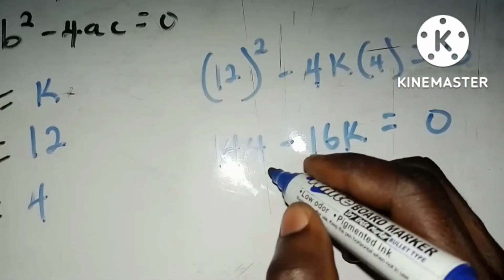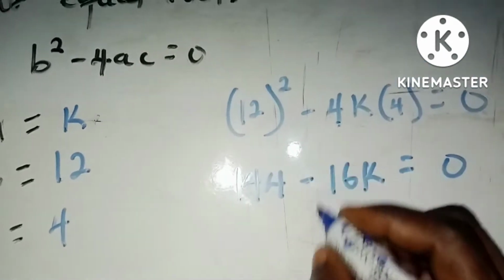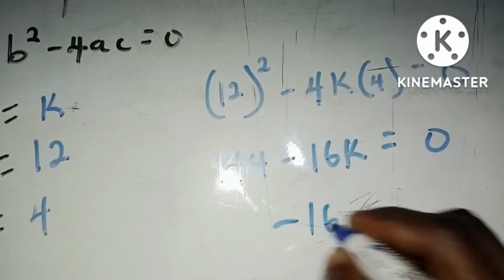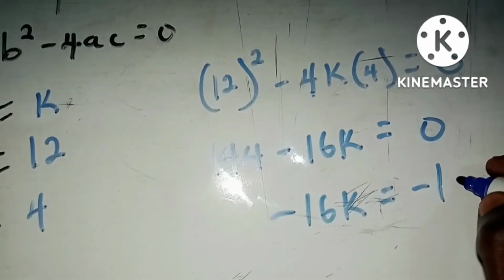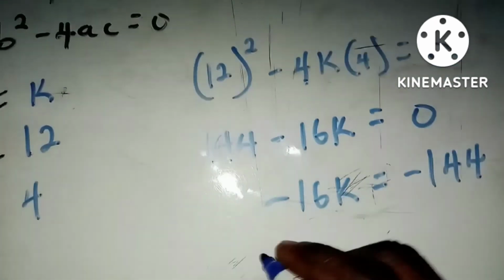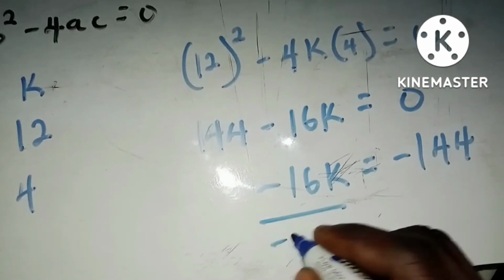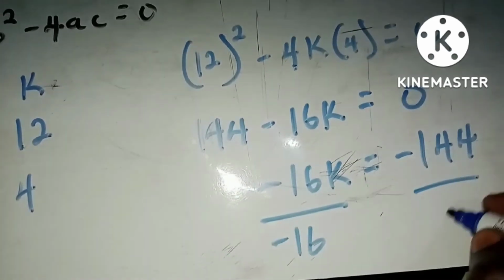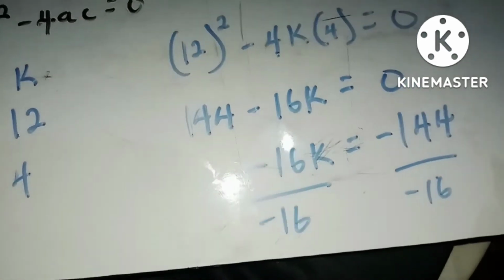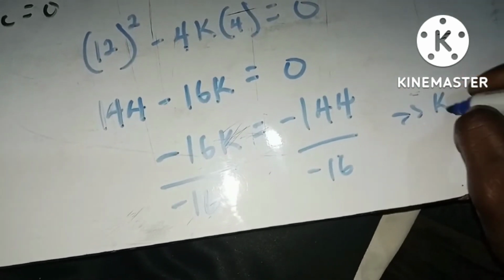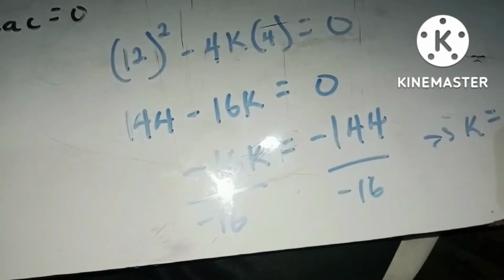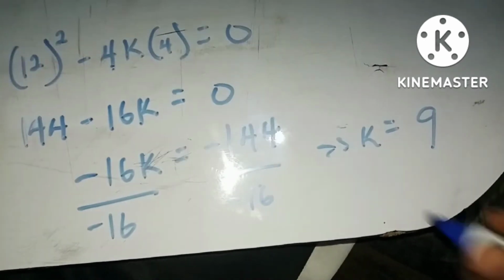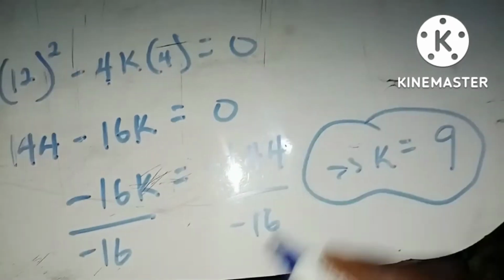Of course, you subtract 144 from both sides, so you have negative 16k equal to negative 144. Here we divide both sides by negative 16, so this implies that the value of k is equal to 9. So the value of k here is equal to 9.